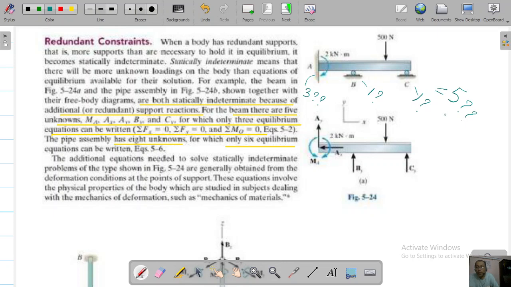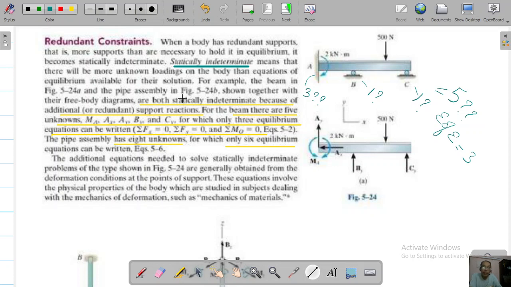The equations of equilibrium you have here are 3. So 5 unknowns and 3 equations of equilibrium is not solvable. You will always call this kind of case statically indeterminate, because there will be more unknown loadings on the body than the equations of equilibrium available for their solution, like in this scenario.